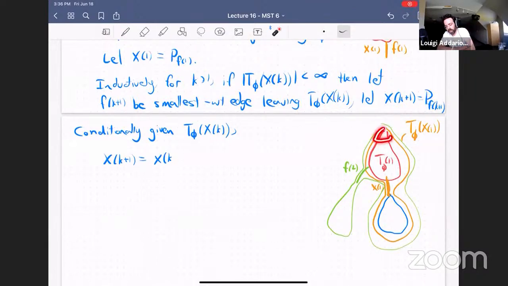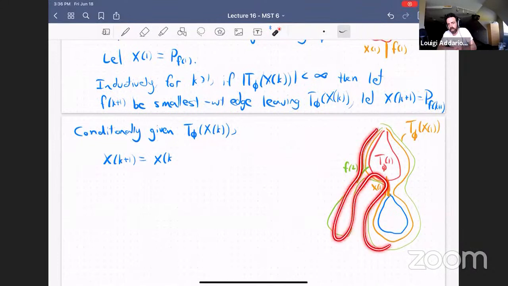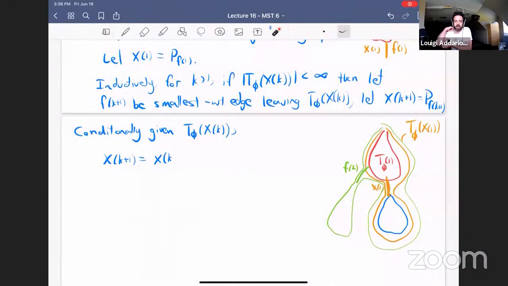So for a given node, the first weight bigger than xk will just be xk plus an exponential, but we get to take the minimum of all those exponentials over all the nodes in the tree. The minimum of a bunch of exponentials is another exponential with a higher rate, and so x_{k+1} is distributed as xk plus an exponential with rate the size of the tree we've grown so far.